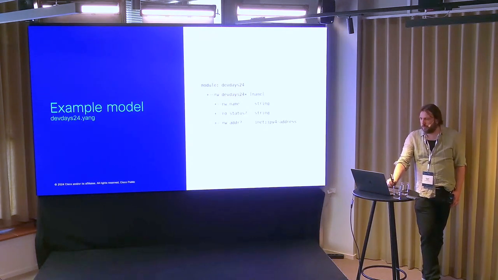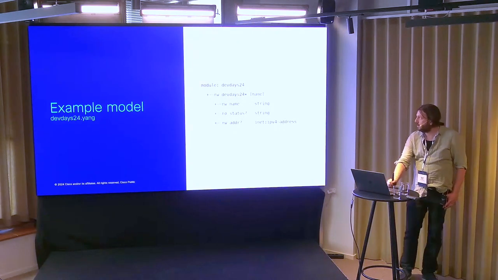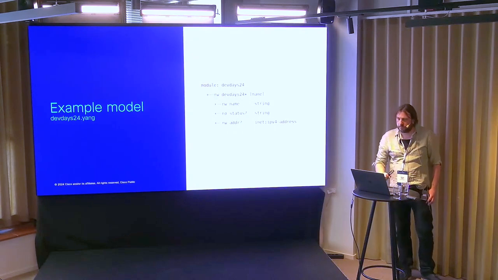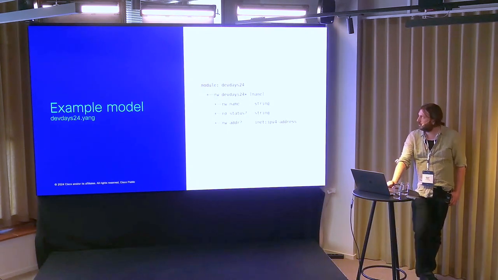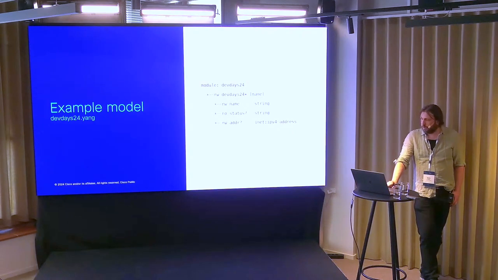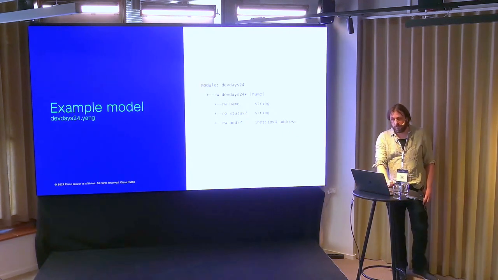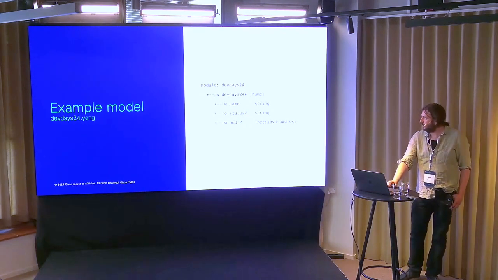I'm going to use a very small Yang model for these examples. This is a tree format as Yang outputs it. If you're not accustomed to reading this, it's a module called devdays24, which has a list called devdays24 with a key that is name, a string. It has some config false or operational data called status, which is also a string. And there is some config data, which is an IPv4 address.